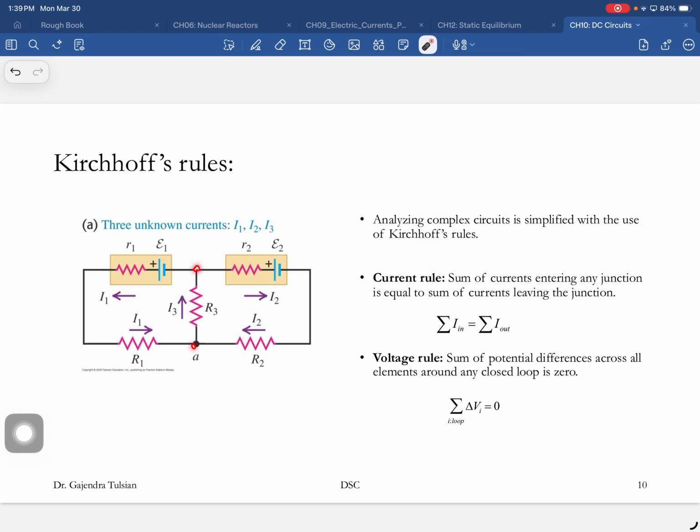When you're going with the flow, change in elevation is negative. When you're going against the flow, change in elevation is positive. For the battery, going from negative to positive, the change in voltage is positive, and going from positive to negative, it is negative.